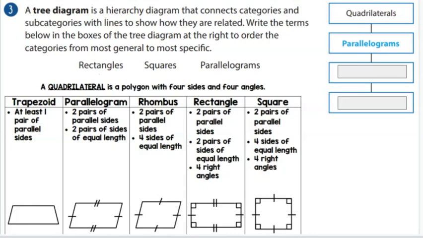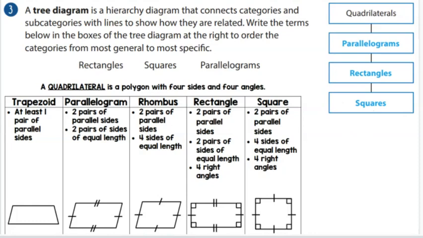More specific, two sets of parallel sides as well as four right angles. Next is going to come rectangle. And finally, the most specific shape we can have out of this list is a square, because a square is a rectangle but also has to have four equal sides.